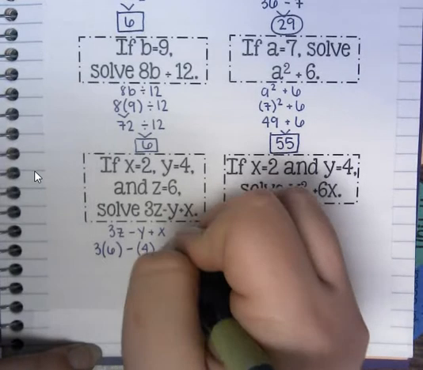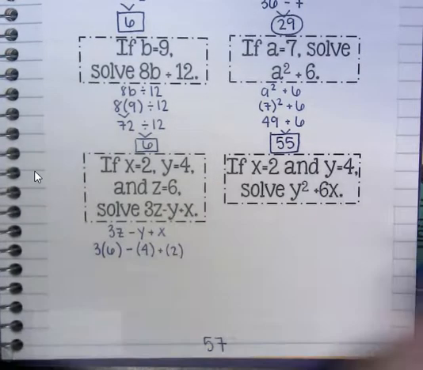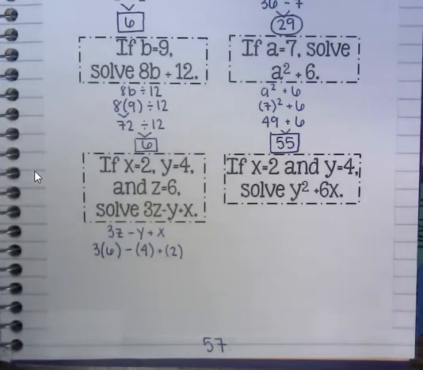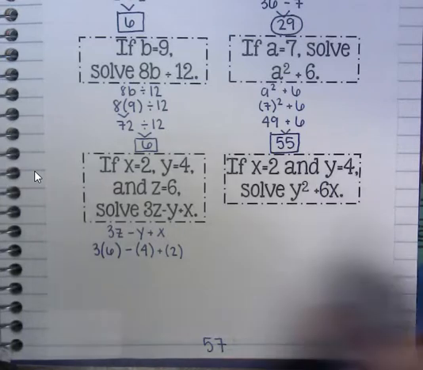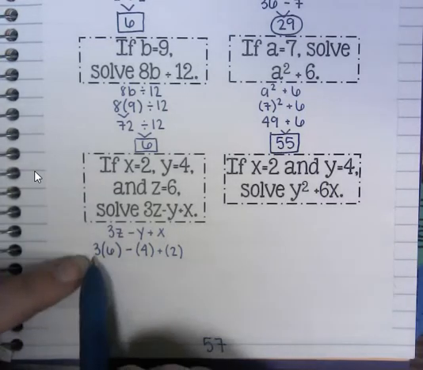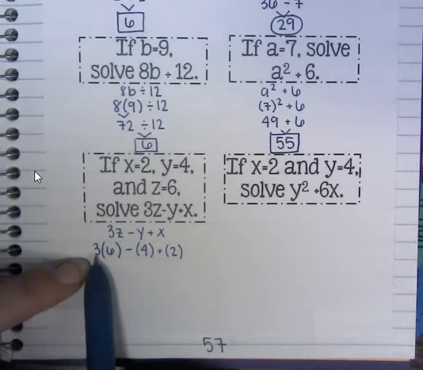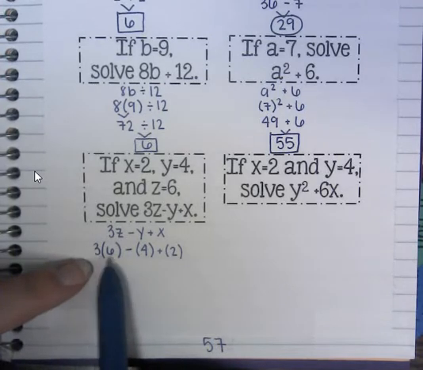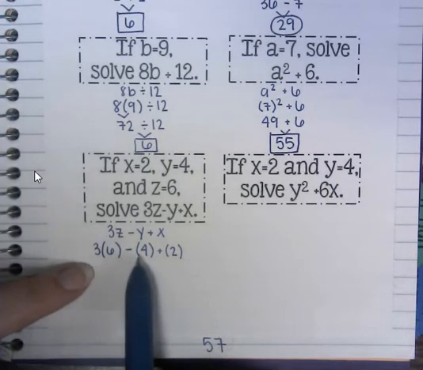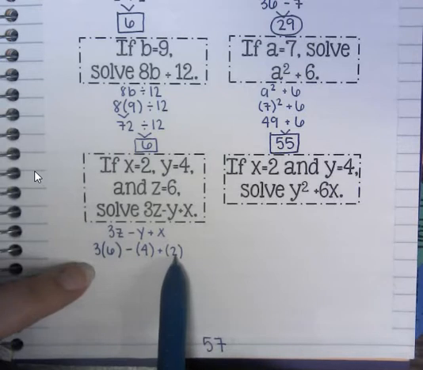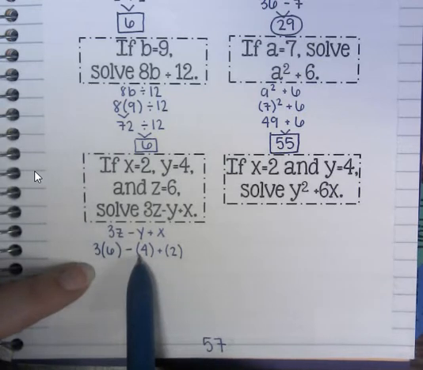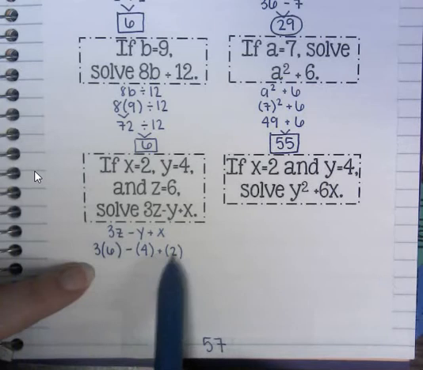So we put that in parentheses. Now, if I'm looking at this, I know that what this really means is 3 times 6 minus 4 plus 2.